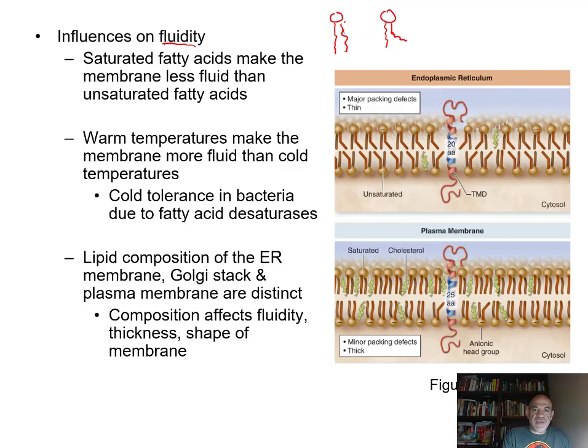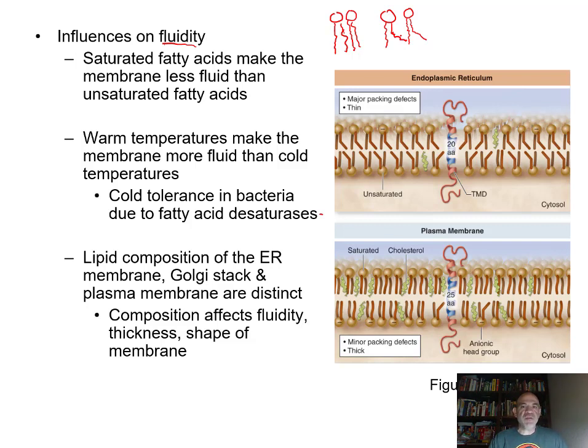If the tails are straight, phospholipids can pack together a lot easier, and that tends to make the membrane less fluid. It starts to become more solid instead. But with a bend, it's harder for the next phospholipid to come near it, because that bend keeps the other phospholipid away, so that makes it more fluid.